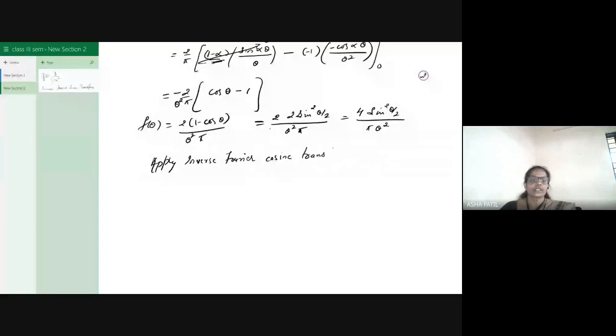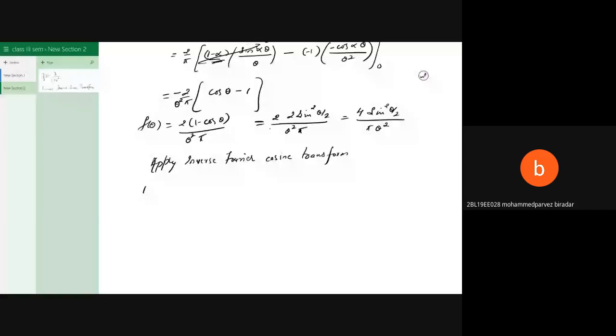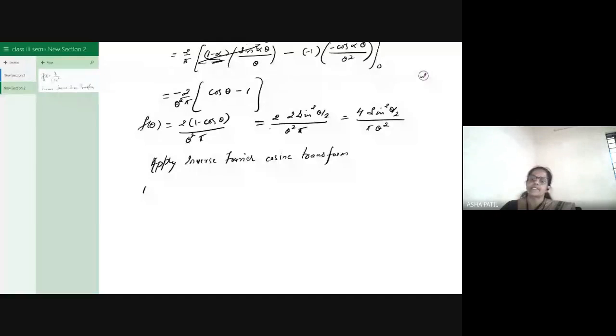So what's the formula for the inverse Fourier cosine transform? Whatever we have obtained is f of x right now.